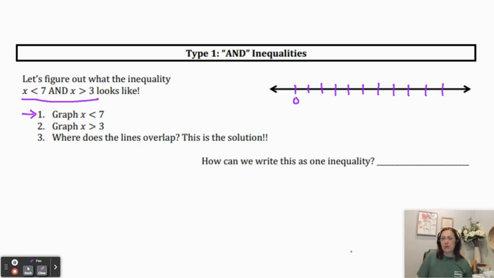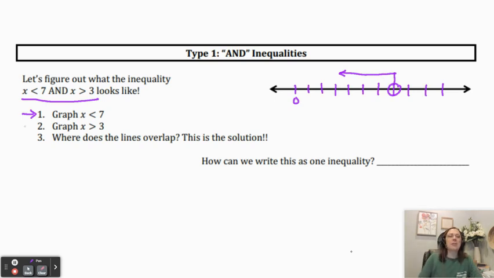I'm just putting a few of them. Okay, so let's go to 7. And because there's no equal to under the inequality, we're going to put an open circle. And I'm just going to draw an arrow for the part that would be to the left because these are the numbers where x is less than 7.